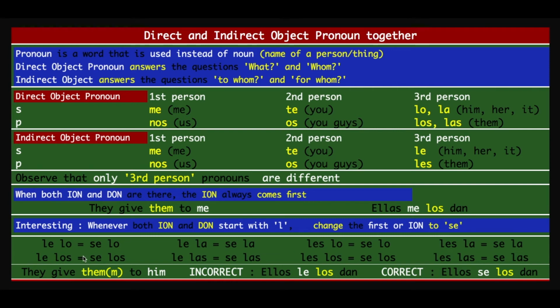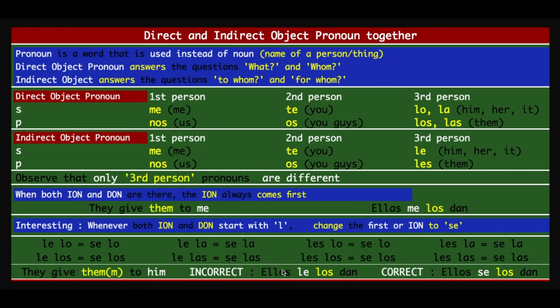Let's see some examples. So the sentence is they give them to him. So here them is direct object and him is indirect object. Them, and I've specifically mentioned as masculine. So them direct object masculine is los, right? And him is le. So you see both of them start with L. That's why if you say ellos, which means they, le is indirect object which comes always first, we saw, and then direct object los, and then dan means give.